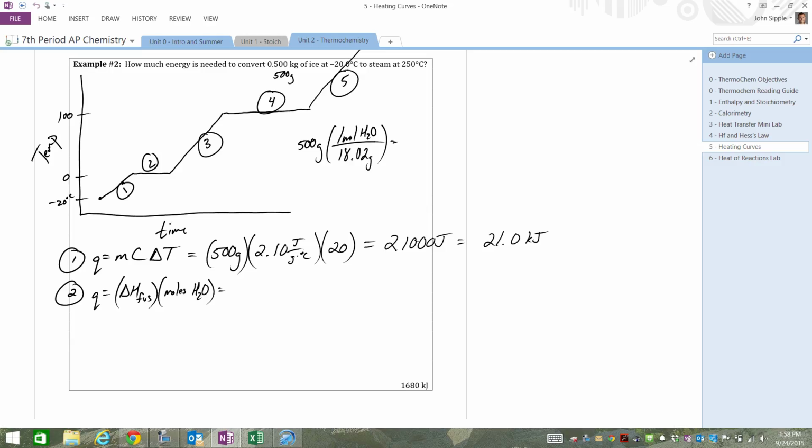You guys get 27.7? Okay, so we got our delta H of fusion, which is 6.02 kilojoules per mole. We're multiplying that by 27.7 moles.